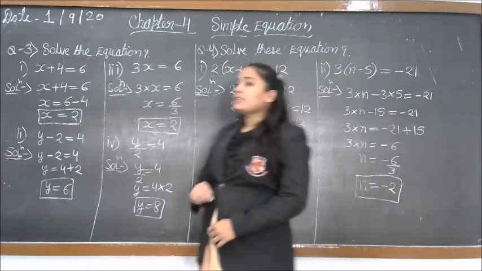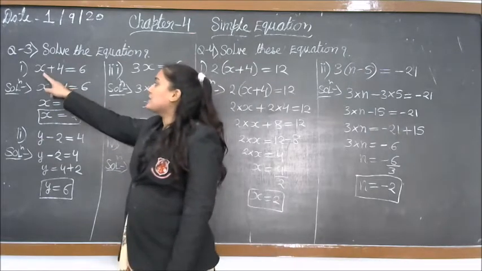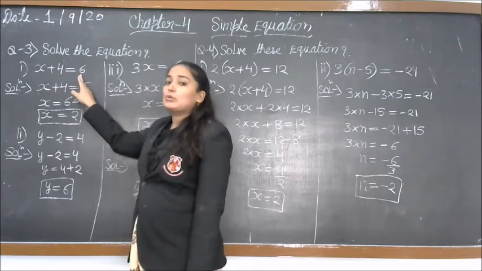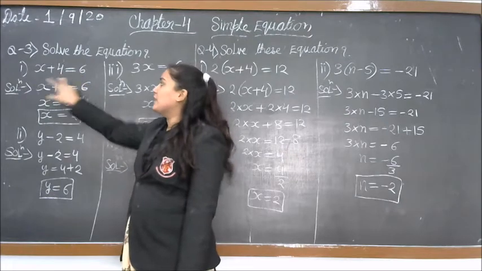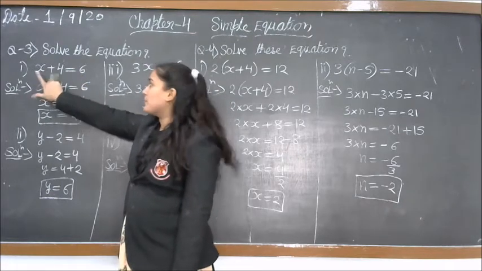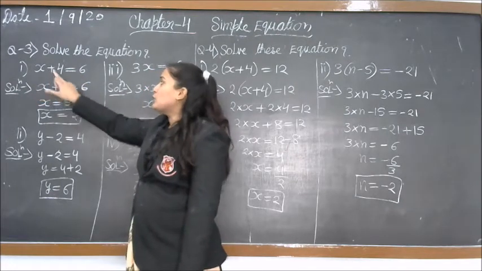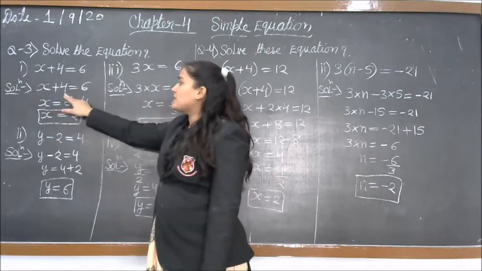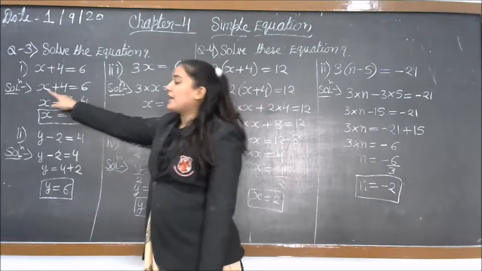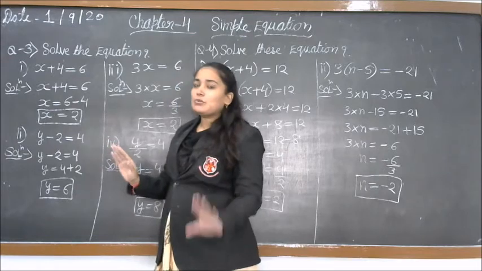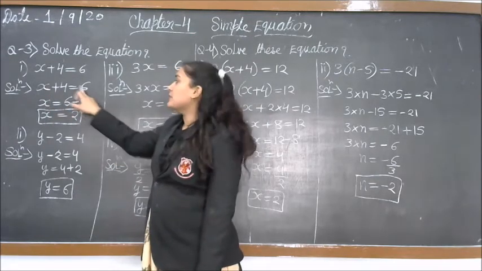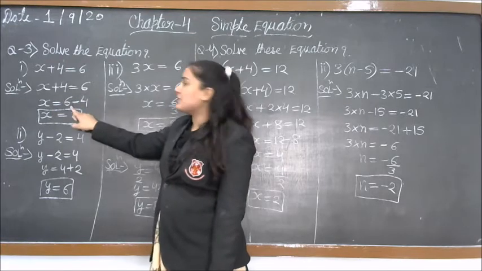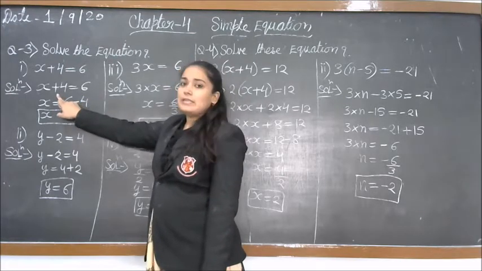So how can we solve this? X plus 4 equal to 6. In between these two there is addition here. X is the variable, so no need to change its position. Here 6 is as it is, and 4 is in addition.